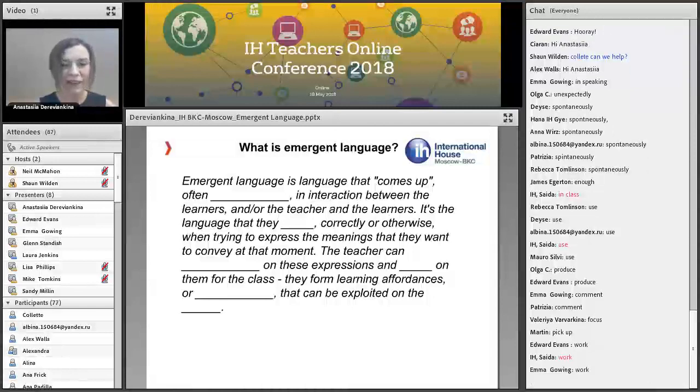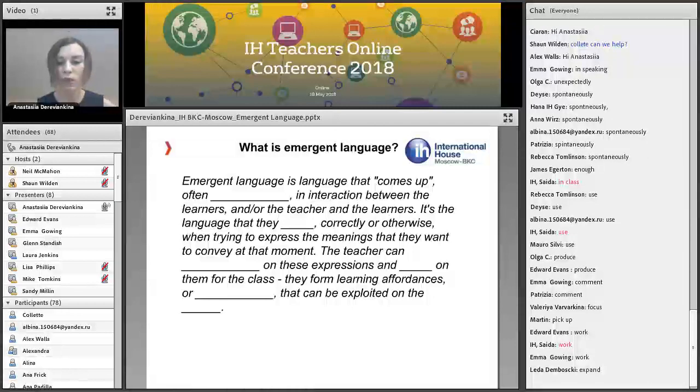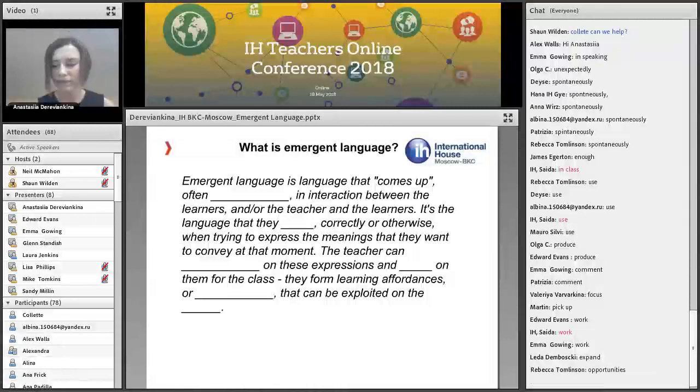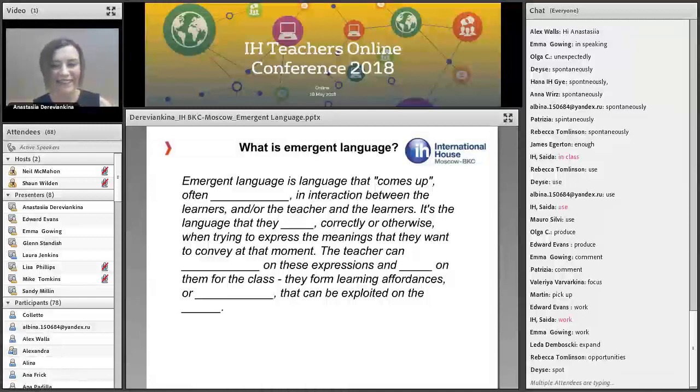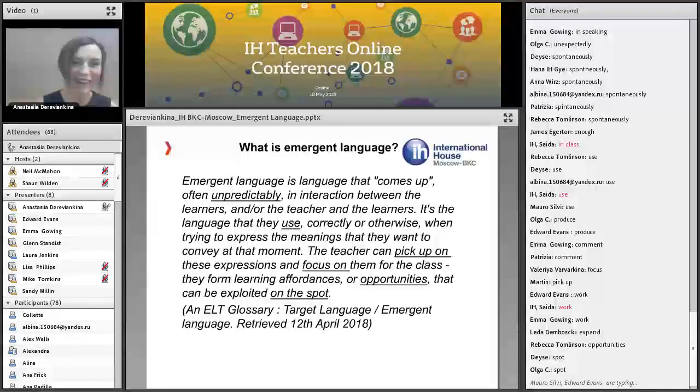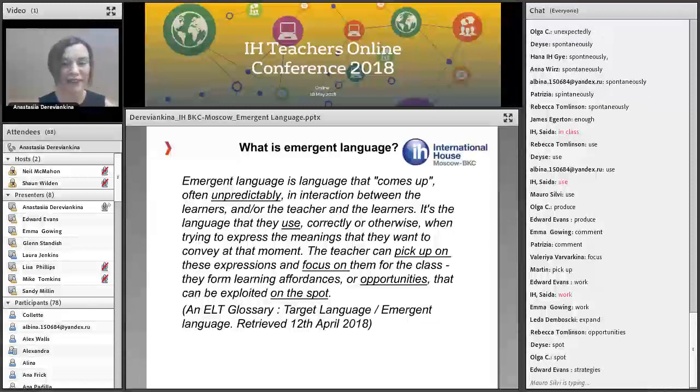All right, it could be they form learning affordances or any ideas? All right, opportunities that could be exploited on the spot. All right, well done. So here's the definition. Yes, we are very smart. We know what it means.